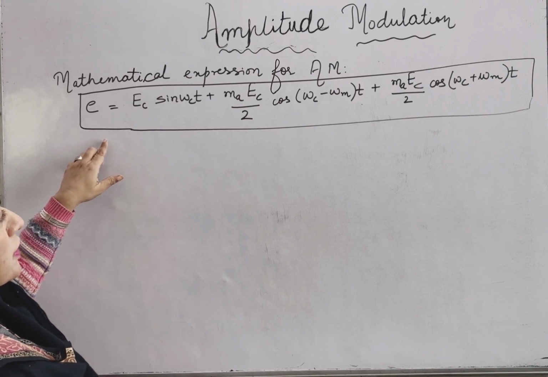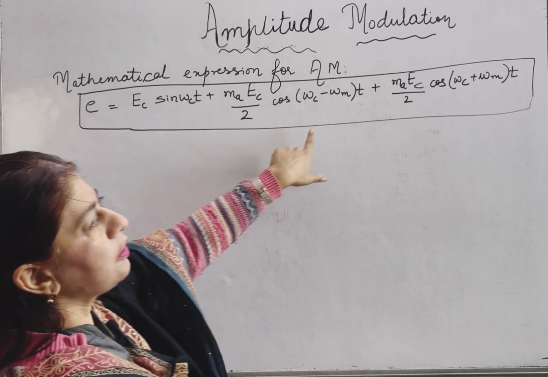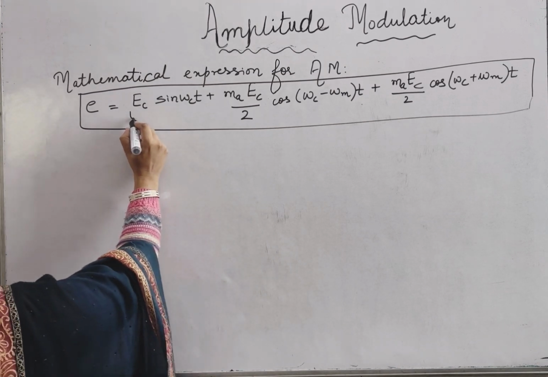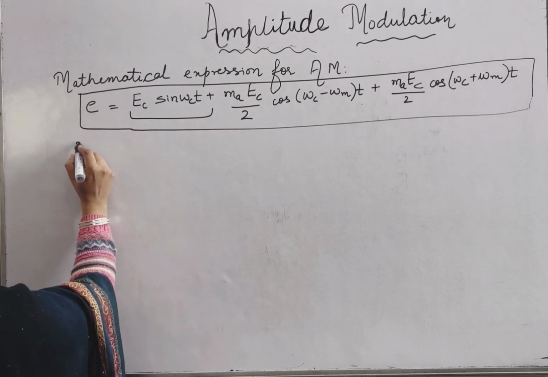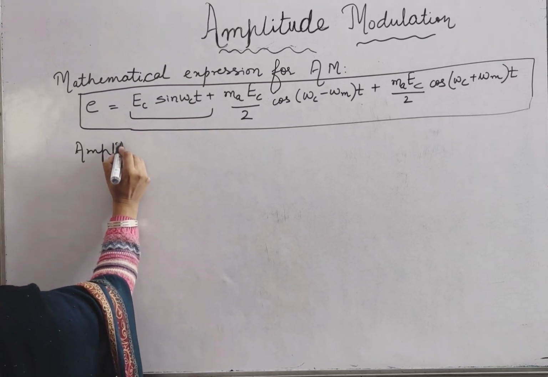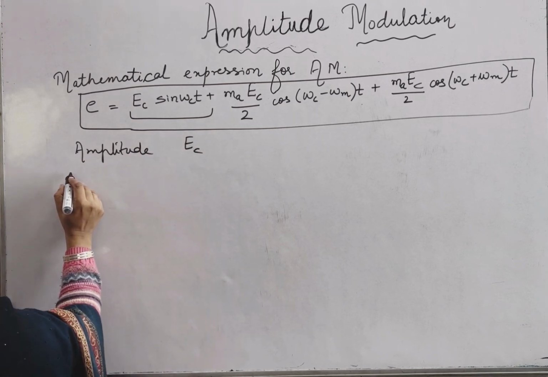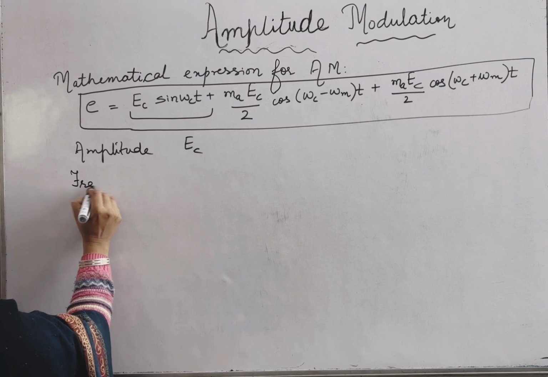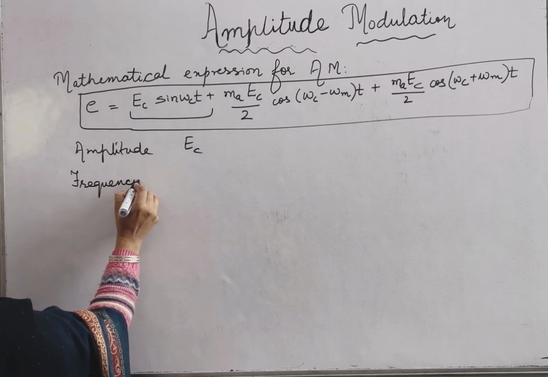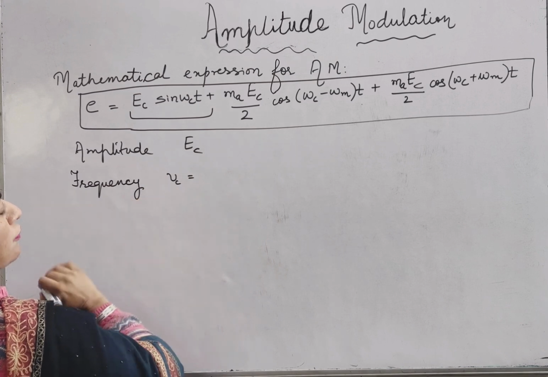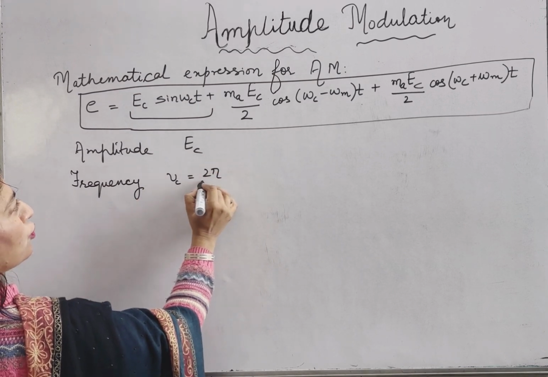This equation consists of three waveforms. The amplitude of the first waveform is EC and the frequency, say nu C, is given by 2 pi.